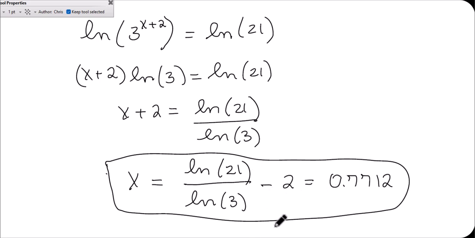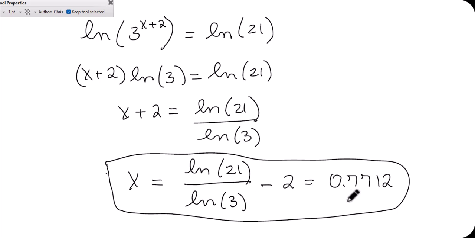Now, do not make the silly mistake of thinking you can cancel the logs, and then 21 divided by 3 is 7. That does not work. Just calculate on your calculator natural log 21 divided by natural log of 3, and then subtract 2.